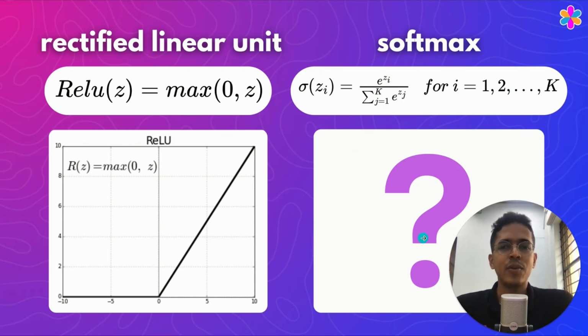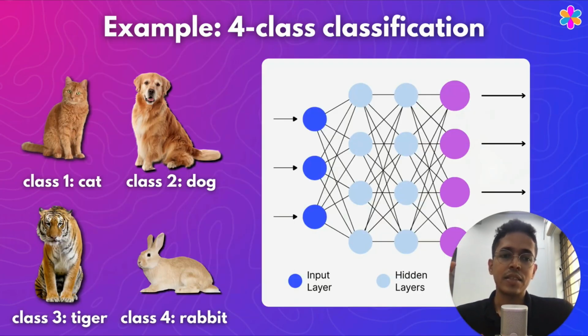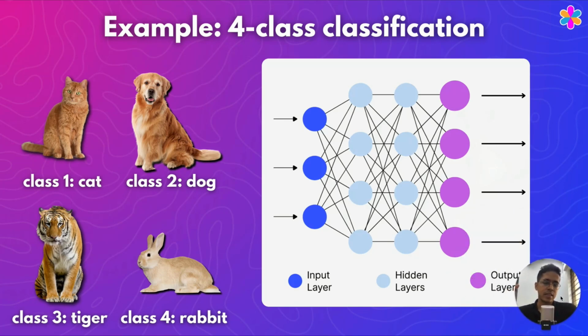So let's try to understand what softmax is and why it is used. You may not have understood it even though you may be familiar with this equation. So let's consider a classification problem in neural networks. This is a multi-class classification problem for 4 different classes. Let's say we have a neural network with an input layer, a bunch of hidden layers, and an output layer.